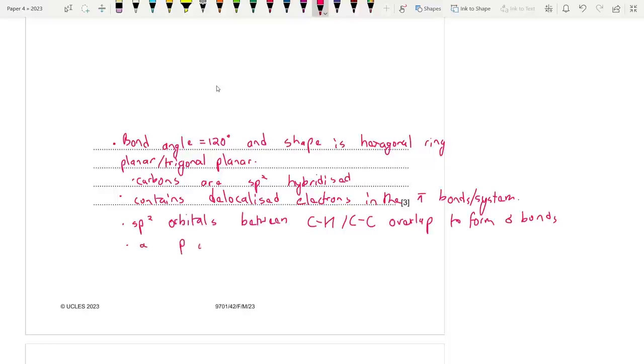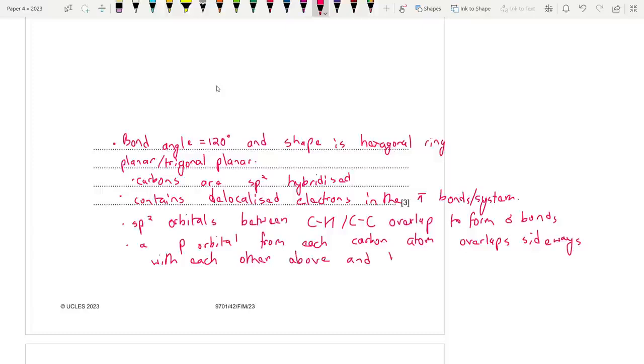Also, the p orbital from each carbon atom overlaps sideways with each other above and below the ring to form pi bonds. Okay, this is really important.